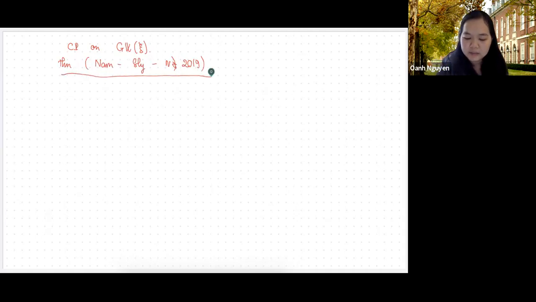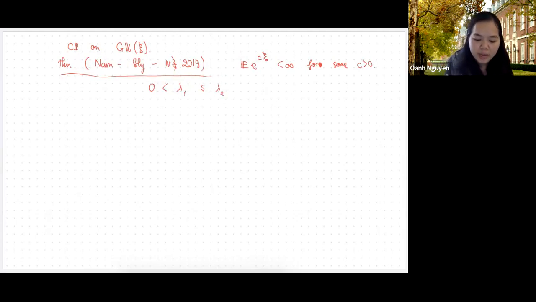We show that if xi has an exponential moment, E[e^(c xi)] is less than infinity for some c greater than 0. In the previous paper, we showed that 0 is less than lambda 1, less than or equal to lambda 2. In this paper, we get the asymptotic of lambda 1 to be 1 over the expectation of the random variable xi.